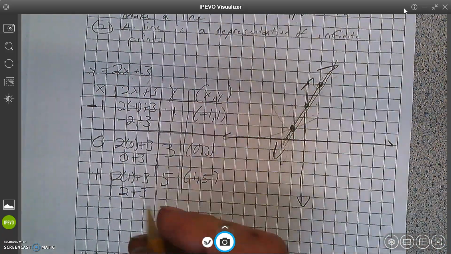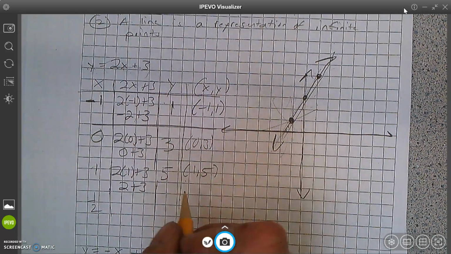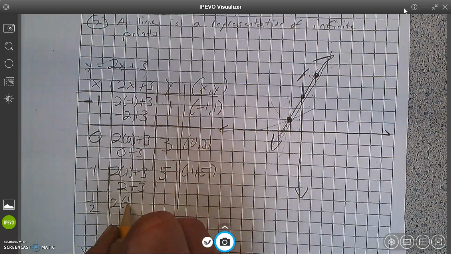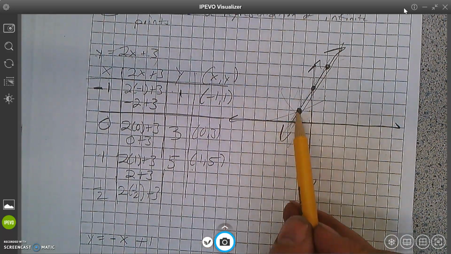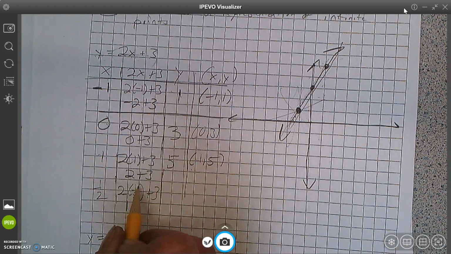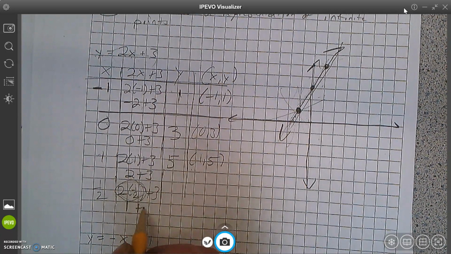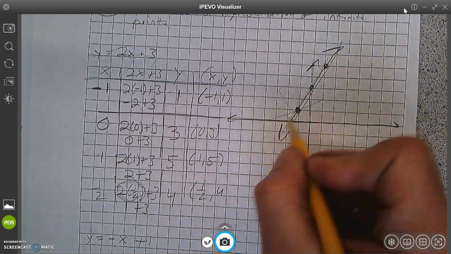There's more than just these numbers I could have put. There are an infinite amount of points. Like, I could have picked a half if I wanted to. 2 times a half plus 3. That's what I mean by infinite points. Half of 2 is 1. 1 plus 3 is 4. So 1/2 and 4.